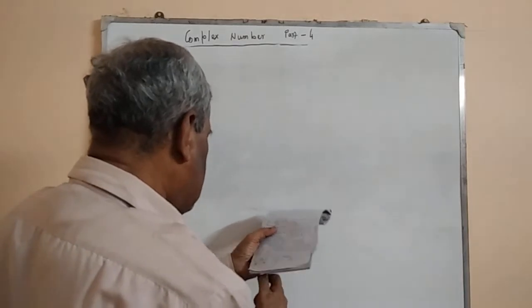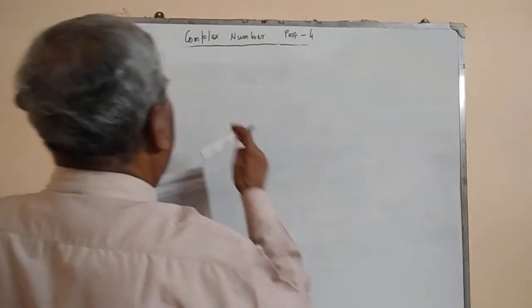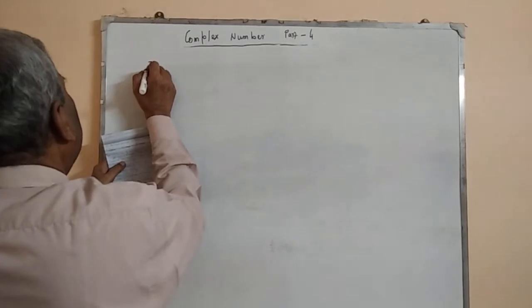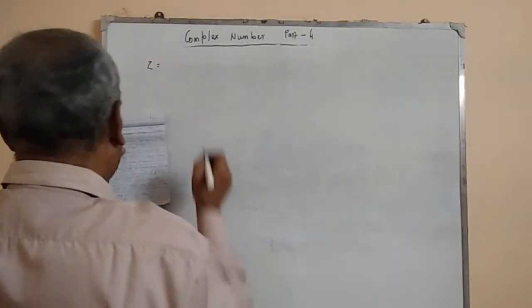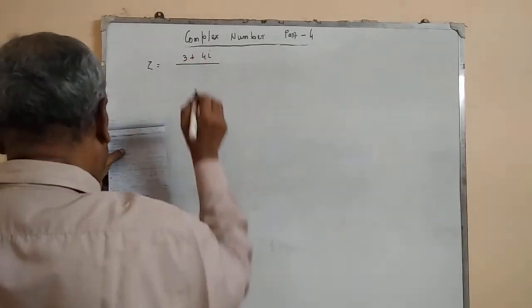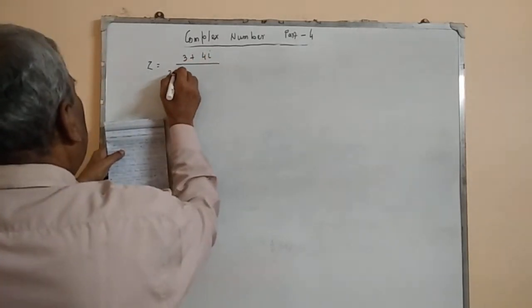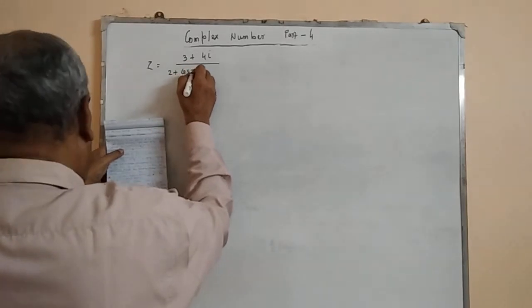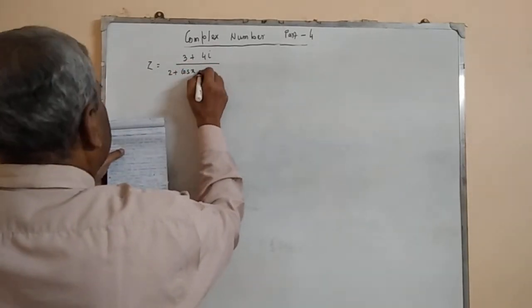The next problem is: x is real and z is equal to (3 + 4i) by (2 + cos x + i sin x).